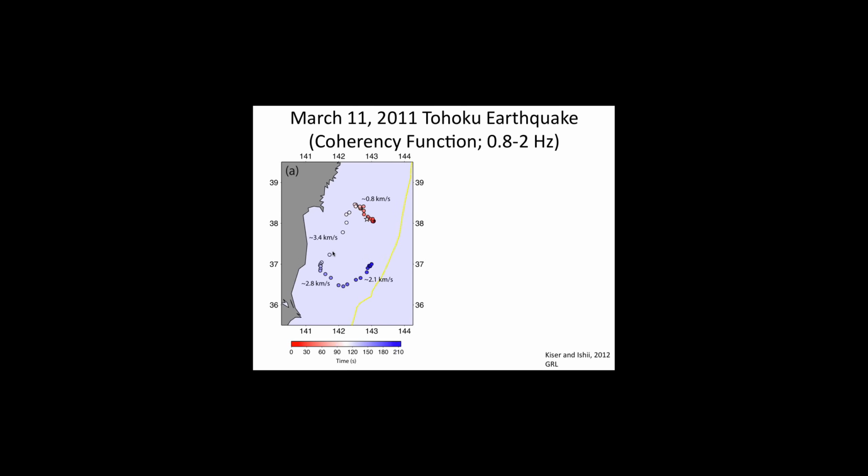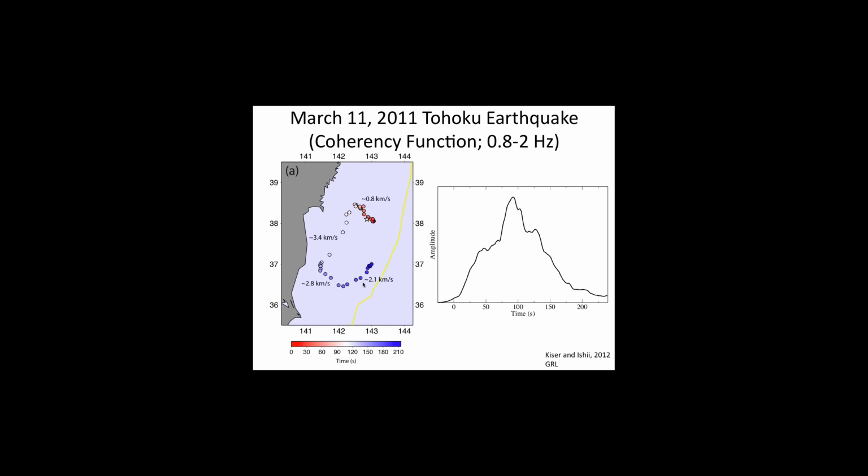So I think it's a decent interpretation to say that you had a jump in the rupture in this region. The third segment, which moved back up dip, had a rupture velocity of 2.8 kilometers per second, and then finally this last segment of the rupture, which ruptured very close to the trench, had a rupture velocity of 2.1 kilometers per second.